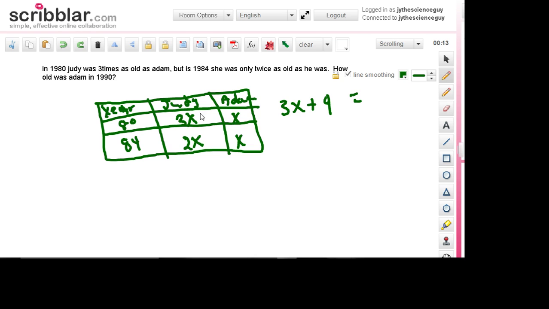So if this is Judy's age here, what would Judy's age be there? If she's 20 years old here, what age would she be there? If she was 20 in 1980, how old would she be in 84? Just use real numbers. 24. She should be 24. So what do I have to add to this number since this time changed? 4. So I'm going to put plus 4 there. And I'm going to put plus 4 there.